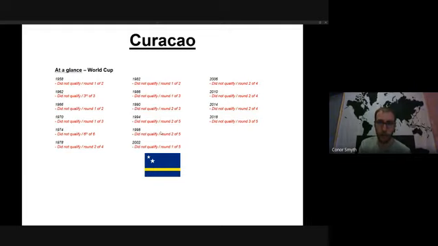Despite some impressive individual results and often getting to the second round of qualification, they've never come close since. Although their improved recent form is reflected in knocking out Cuba to reach round 3 in 2018 World Cup qualifying, round 3 of 5.